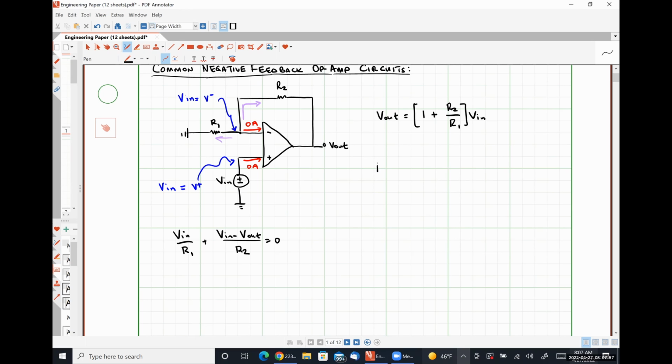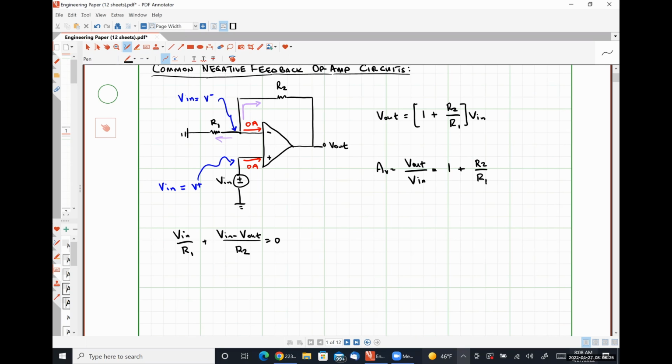Voltage gain, AV, is simply the ratio of V out to V in, which in this case would just be 1 plus R2 over R1. So if we want to make a signal larger, this is a good circuit to achieve that, okay?